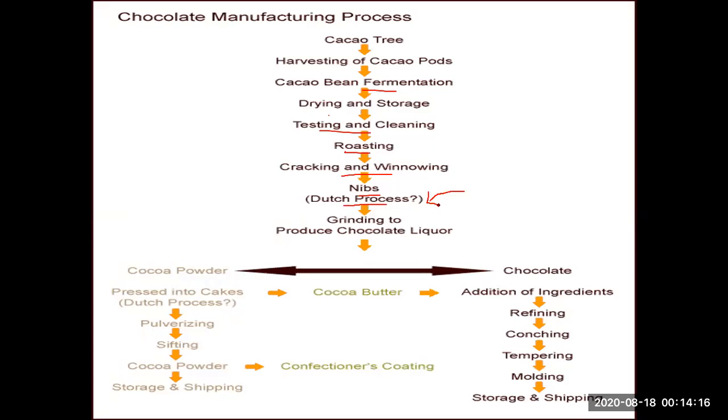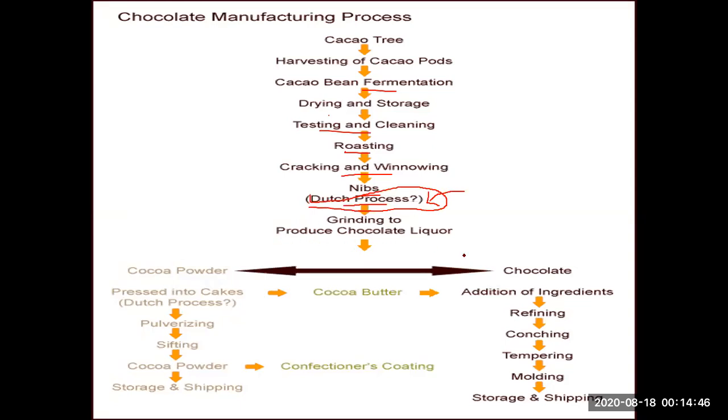After this process, the chocolate liquid will be somewhat alkaline, like the pH level is increased from 5.5 to 7, and the color will also change to a darker color, and the flavor also changes. It is one kind of process for producing chocolate liquid.